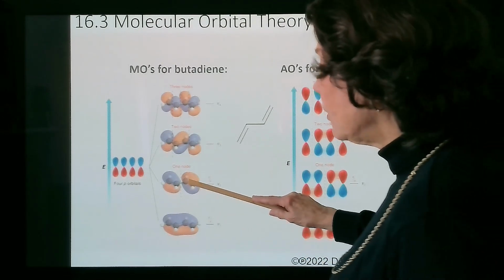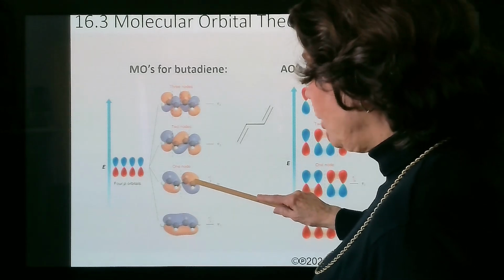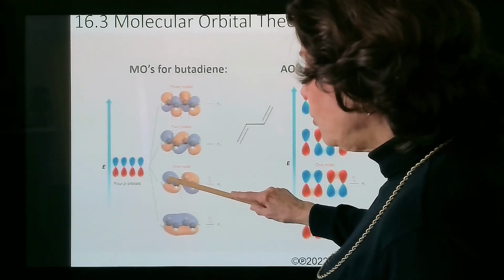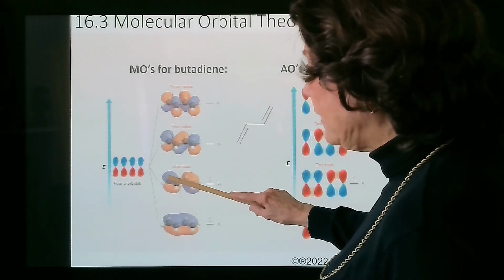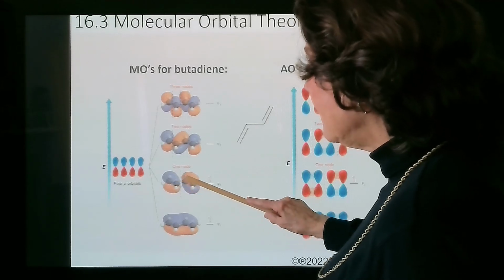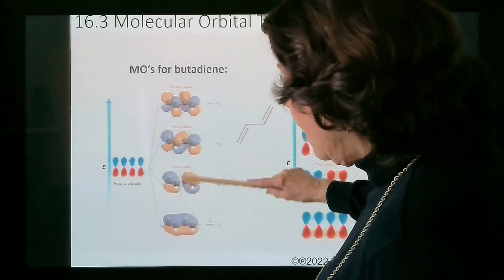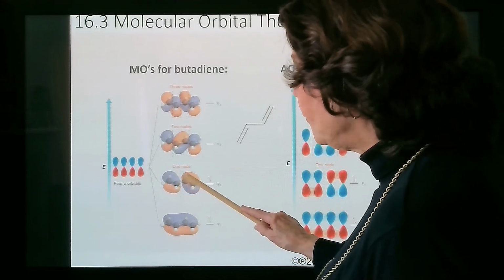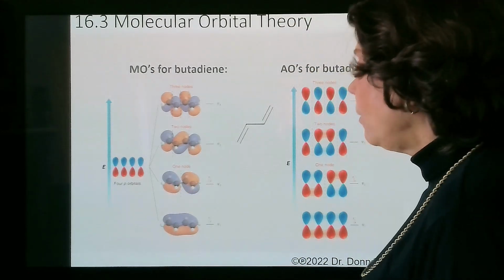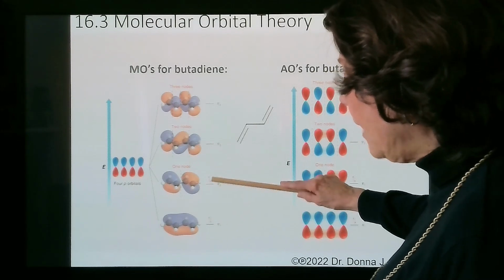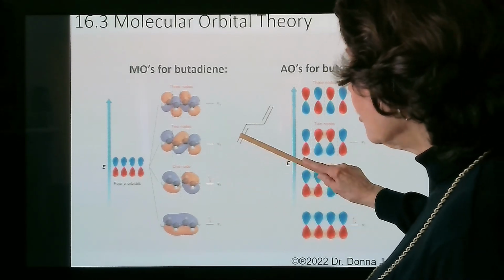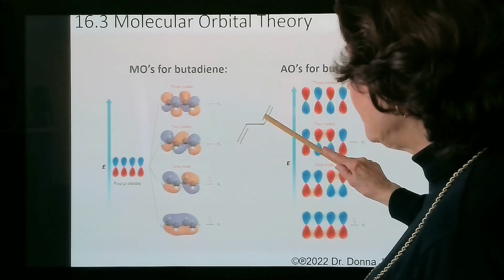In the next highest energy molecular orbital, you're going to expect bonding interactions between C1, C2, and C3, C4, but none between C2 and C3. These are the two that are occupied. There's 4 pi electrons in this molecule.